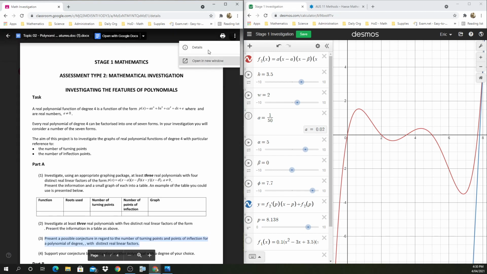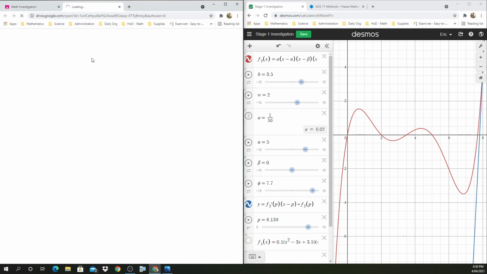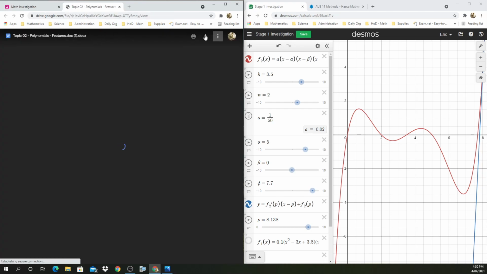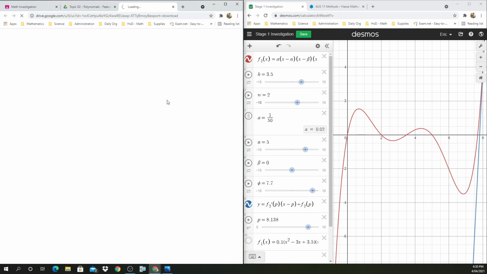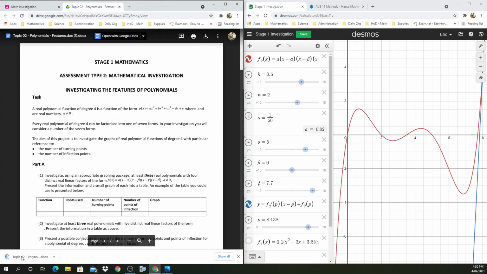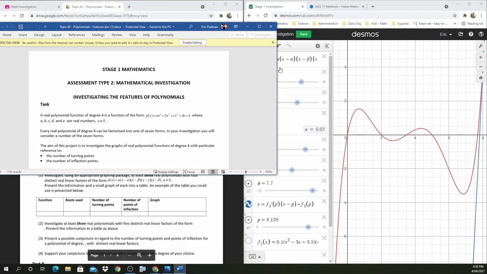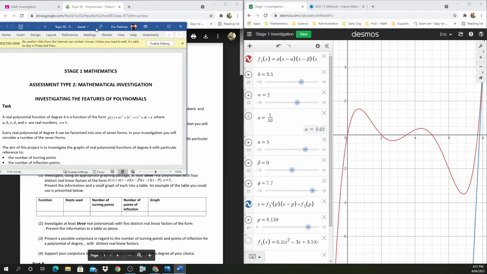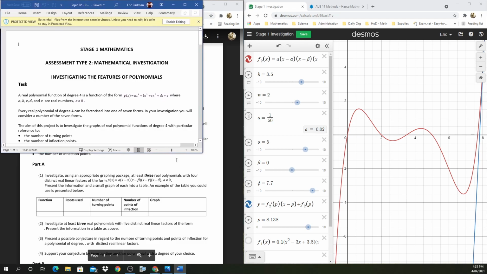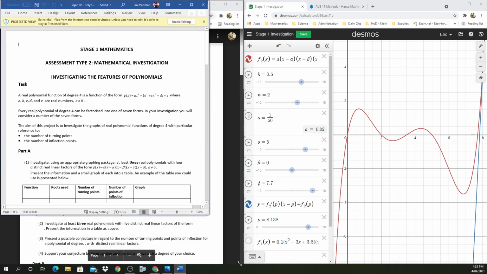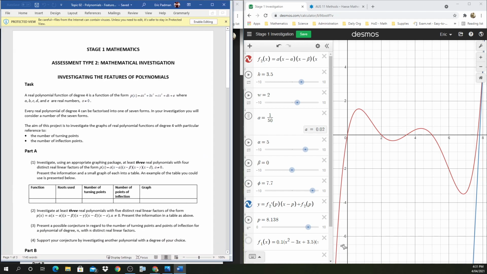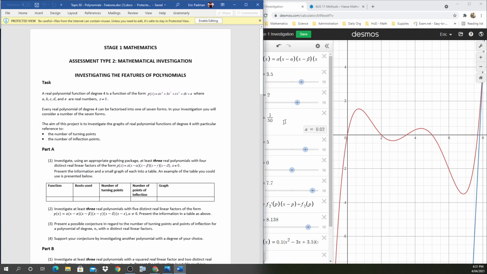That's because this is in Google Docs and we actually need to download it properly, otherwise it won't work. So let's do that.